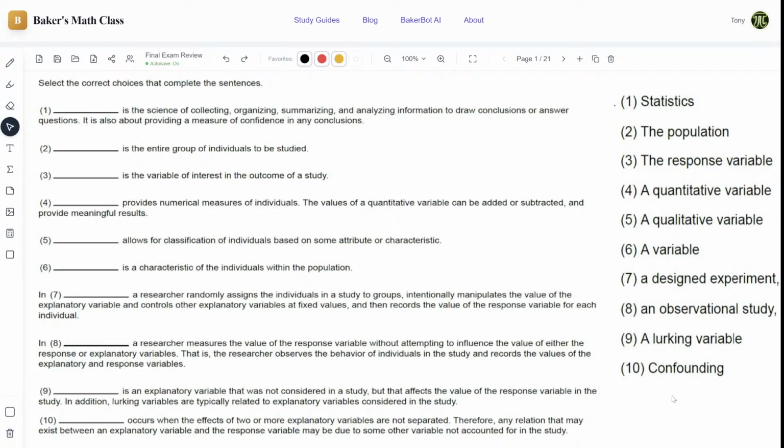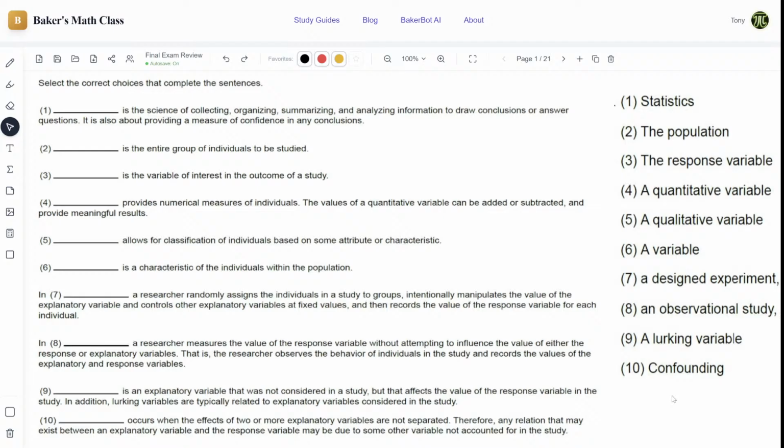A designed experiment is where a researcher randomly selects individuals for the study, organizes them, and does the controls and all that stuff. In an observational study, the researcher is not influencing the outcome. They're just observing. They could be doing that just by collecting data or looking at records. They do not necessarily have to interact.